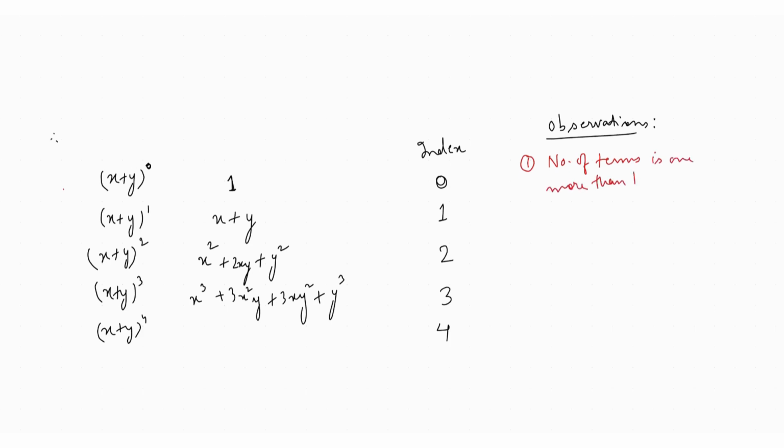So if I ask you what is the number of terms in the expansion of x plus y whole to the power 40, how many terms are going to be there in that expansion? One more than that, 41.